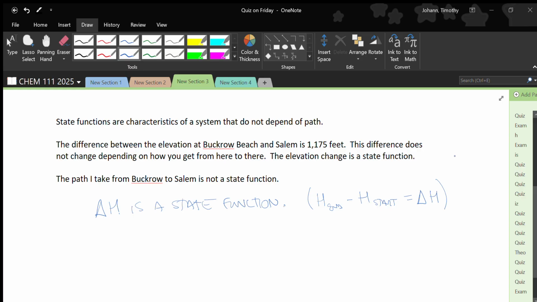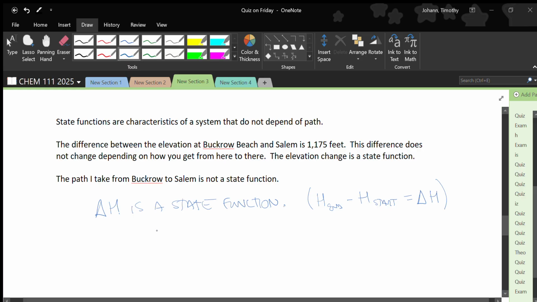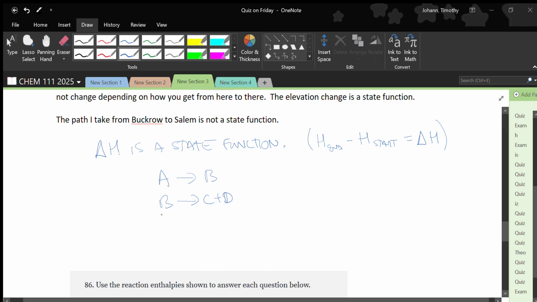What it means is, if I have some reaction, let's say I'm going to go from A makes B, B makes C plus D, okay? And C plus D makes E, okay?